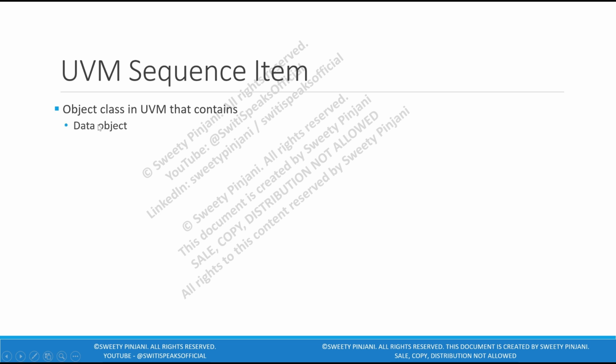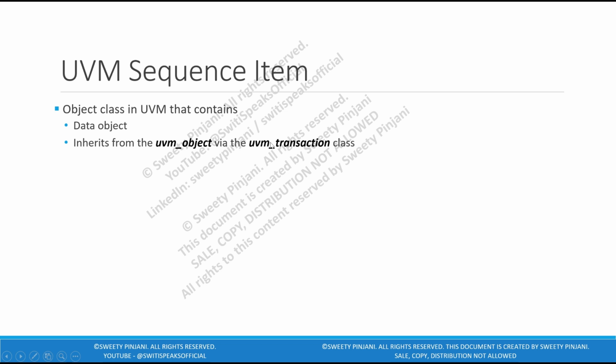It is called a data object because it contains the information about the data that is needed to drive your DUT. DUT is design under test. That's why sequence item is also called a data object in UVM. Sequence item inherits from the UVM object via UVM transaction.